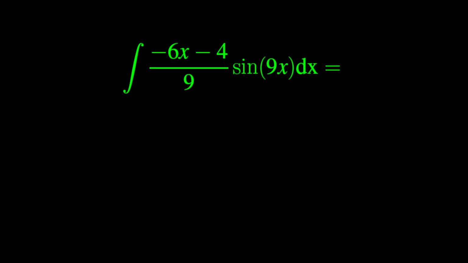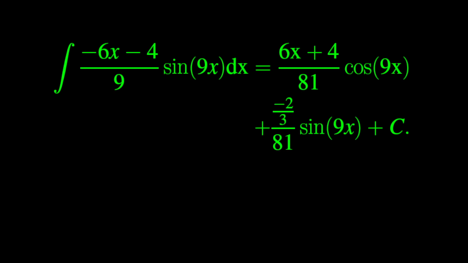In sum, the integral of minus 6x minus 4 over 9 times sine of 9x dx is equal to 6x plus 4 over 81 times cosine of 9x, plus minus 2 over 3 over 81 times sine of 9x, plus a constant c.